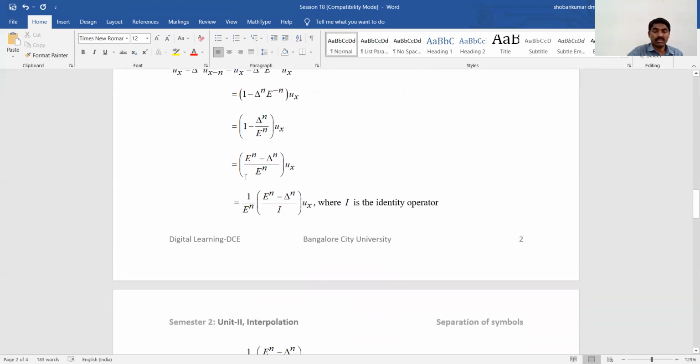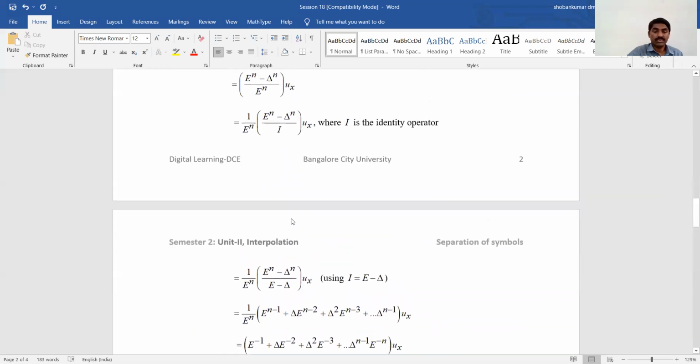Here 1 by e raised to n take it outside, remaining e raised to n minus delta raised to n ux, where I is the identity operator. This is an identity.